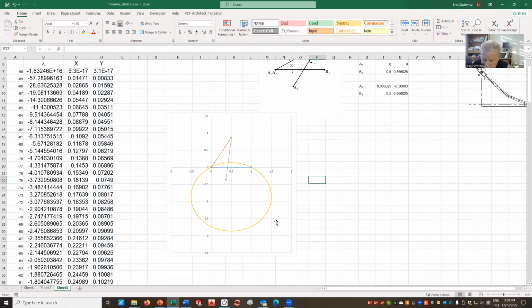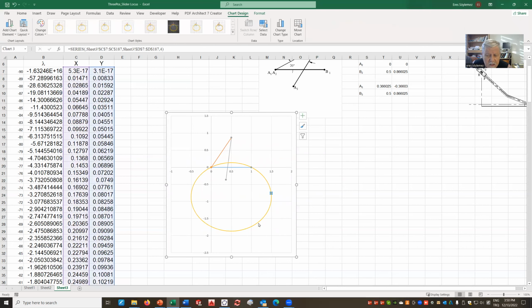If you want, let me show one thing. Click on here, add data label. You will see number, y value of that point. I'm not interested. I will write over here, circumcircle of the image pole triangle.